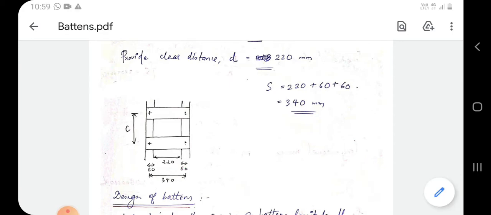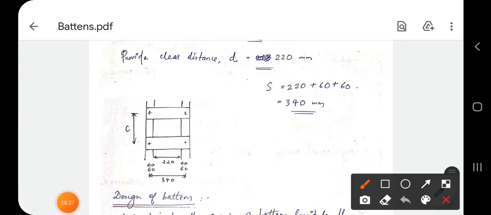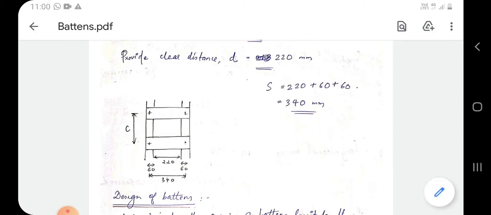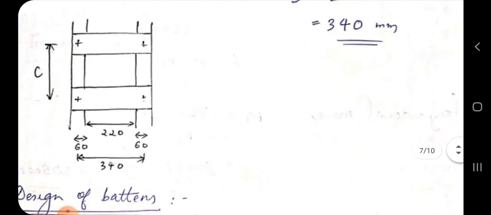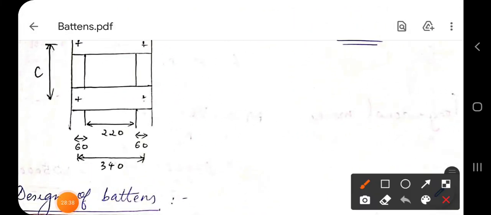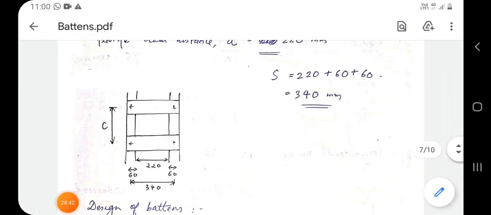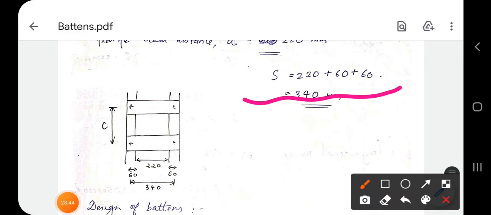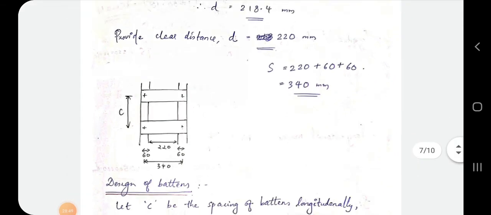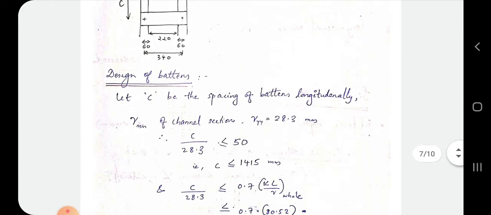So we are assuming the distance of the centroid of the bolt group as 60 mm from the end of the plate. So either side we add 60 mm with the clear spacing 220. So 220 plus 60 plus 60 equal to 340 mm is the S value. So using these values we will start designing our battens.